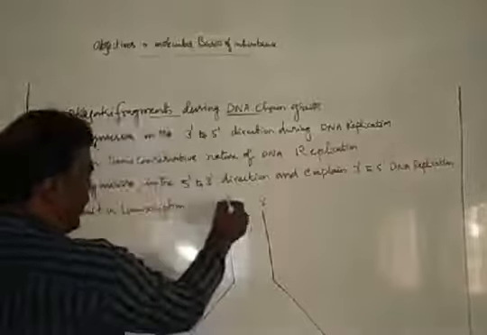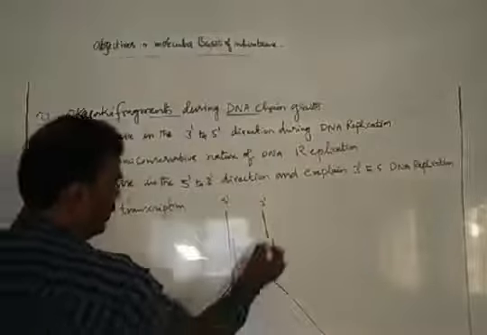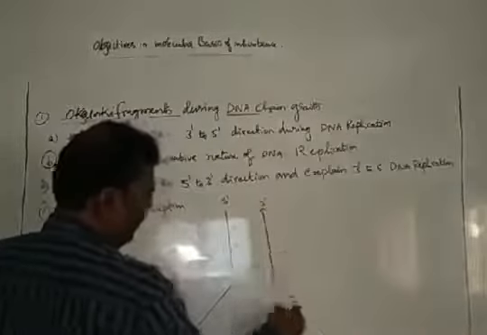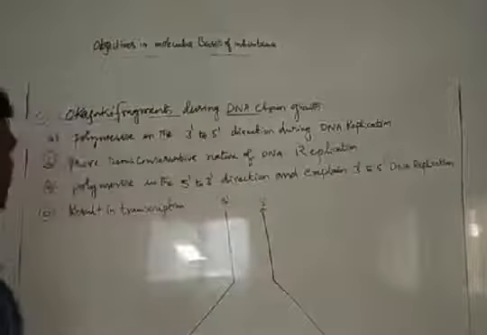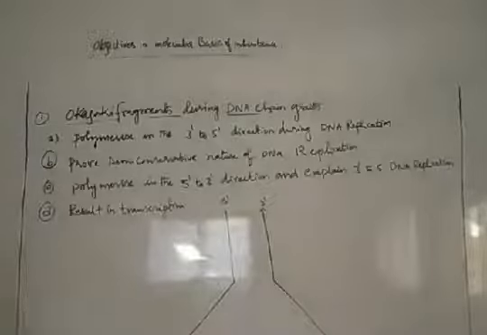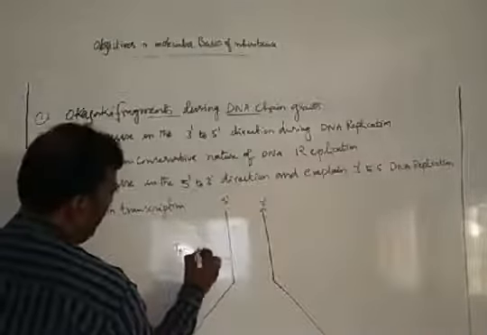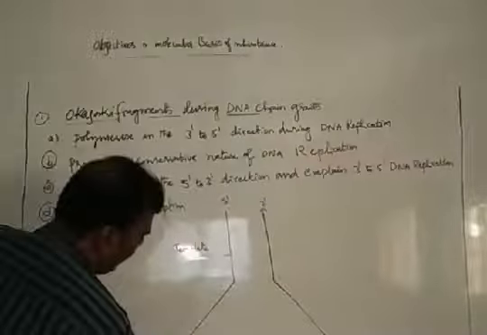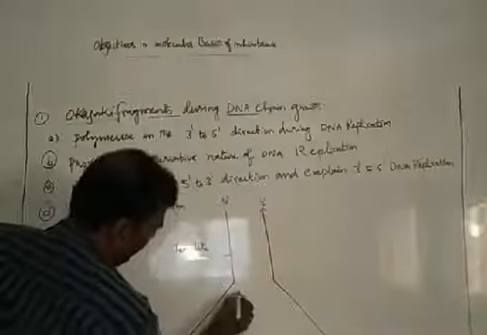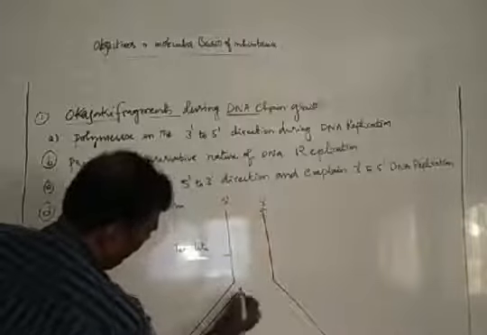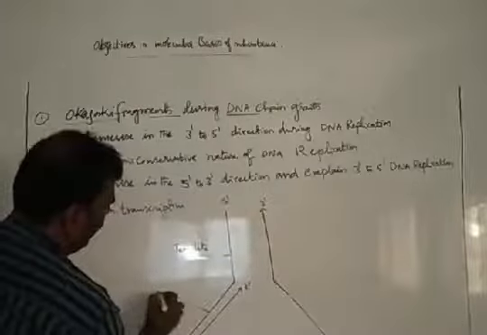So it is a 5' to 3' template, and this is a 3' to 5' template. For this template, the new strand is formed in the 5' to 3' direction. It is a continuous strand.